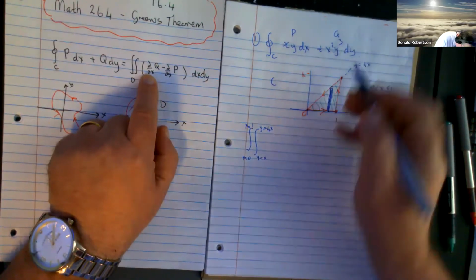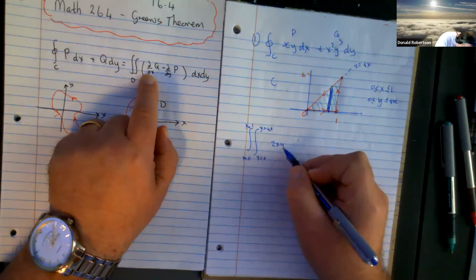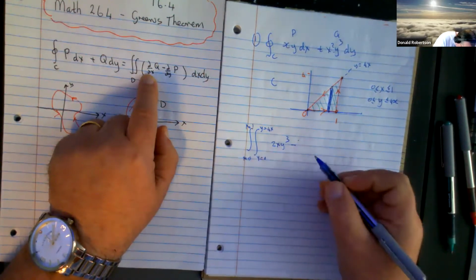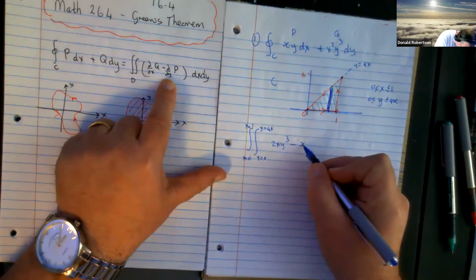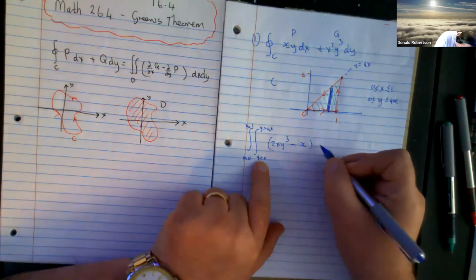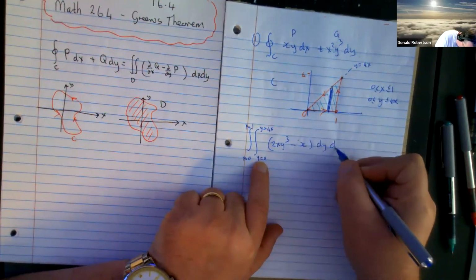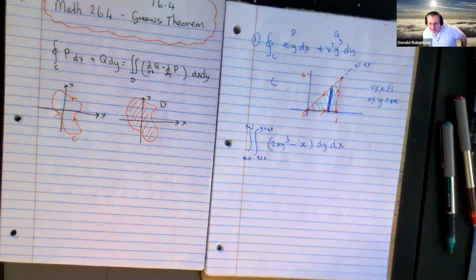Differentiate this guy with respect to x, and you get 2x y cubed, minus, differentiate this guy with respect to y, and you get x, and y goes first, and x goes second. Right, can I leave that integral at that point? Haven't we done tons of double integrals, and that's just some horrible polynomial, and you get whatever you get.